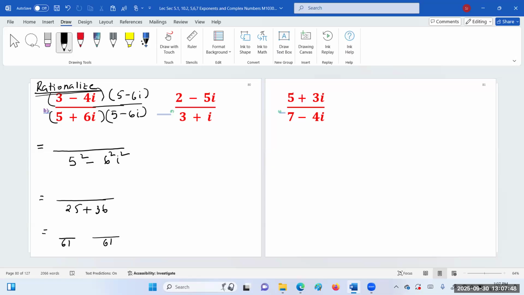So then you have to separate. Now for the numerator, it is the same thing. Let me write the first step. 3 times 5 minus 6i, and then minus 4i times 5 minus 6i. So when you do all these things, you get 15 minus 18i minus 20i, and then minus minus plus 24i squared.